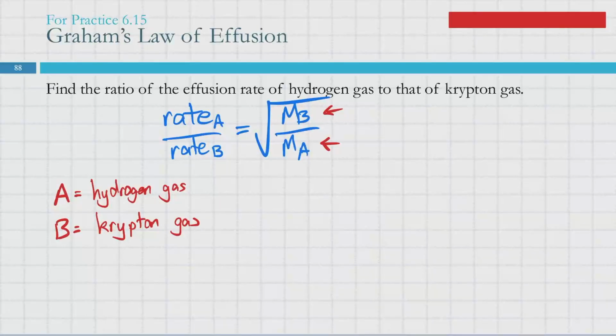What's the chemical formula for krypton gas? What's the chemical symbol for krypton? Kr. Krypton is one of our noble gases. Our noble gases all just exist by themselves because they're perfectly content to be by themselves.